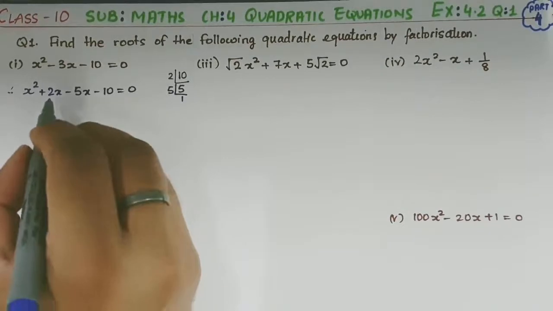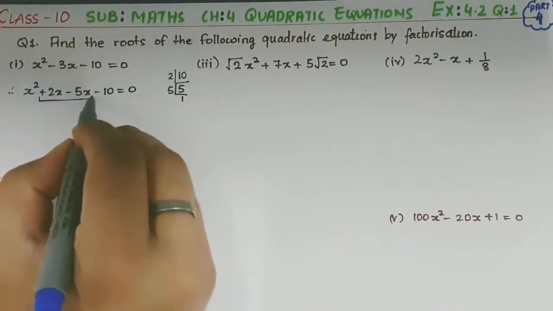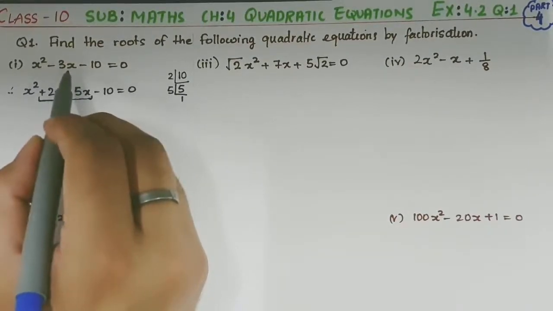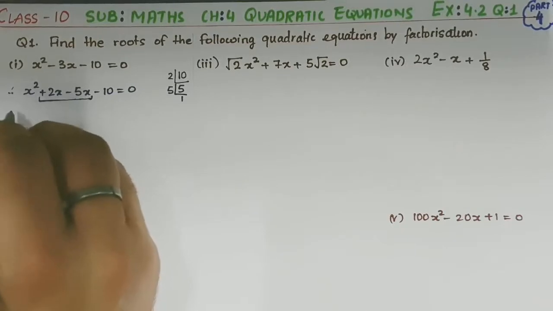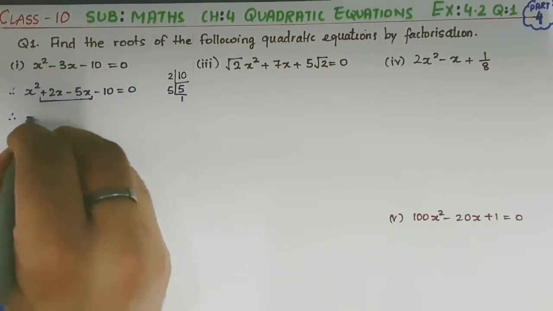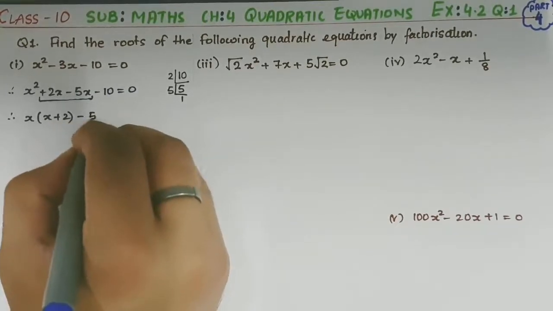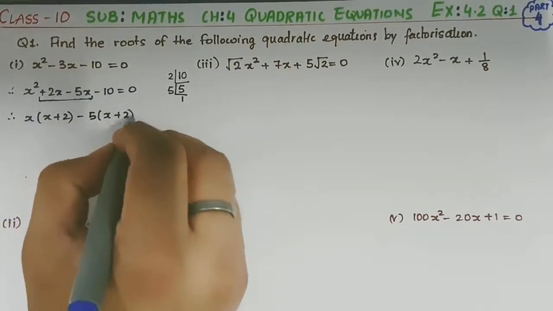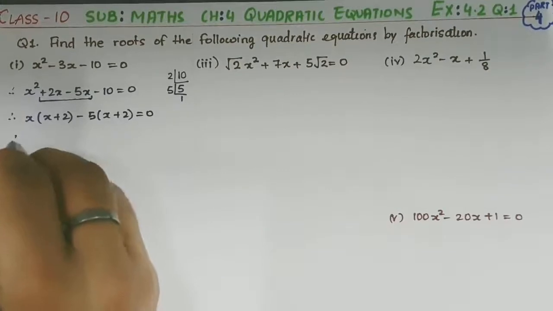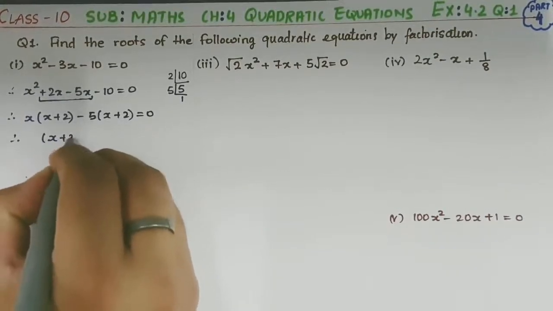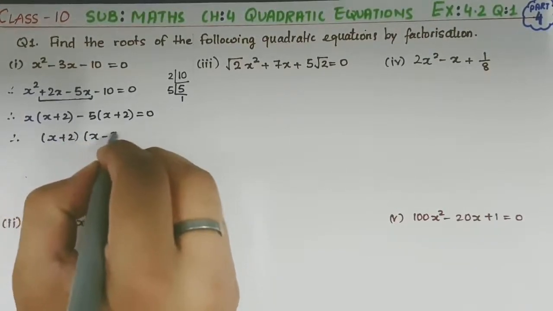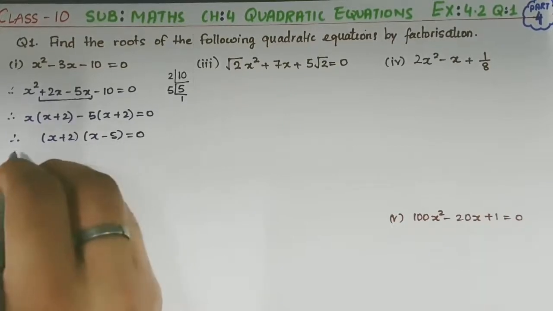Because plus 2x and minus 5x will give me minus 3x. You have to search for that combination. Now taking x common, x plus 2 minus 5 x plus 2 equals to 0. Therefore x plus 2 x minus 5 equals to 0.